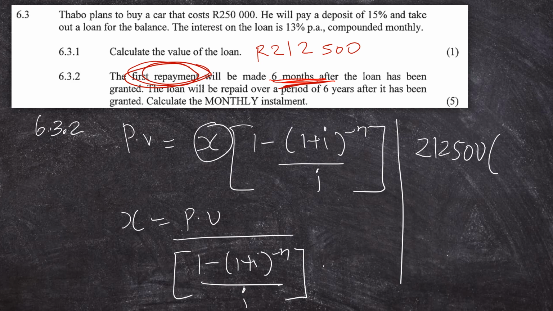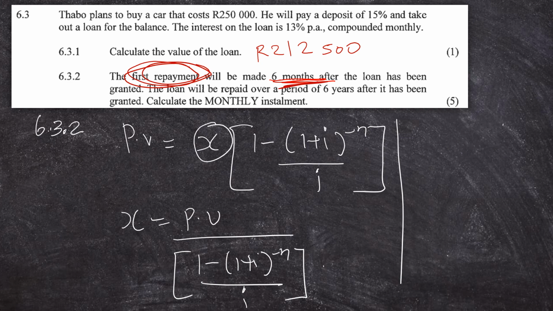Since 6 months have passed, the loan is only going to grow with 5 months, because the first month is the normal condition you are allowed. So it will only gain interest for 5 months, and it will be compounded.